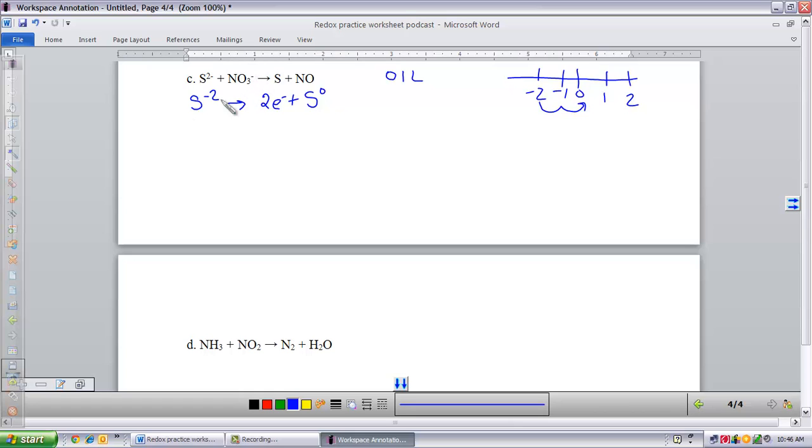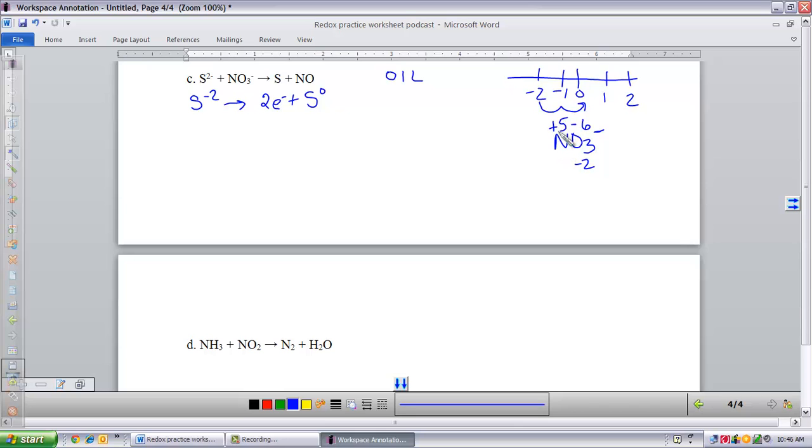Now let's look at this nitrate ion. Again, don't forget about that negative. So you have NO3 with a negative, which means the total charge of the whole compound has to equal -1, not 0. Each oxygen is going to have a -2 charge. You have 3 of them, so a total of -6 will be taken by oxygens.